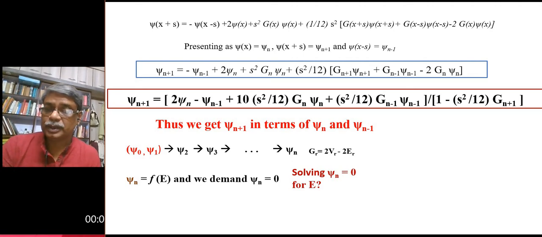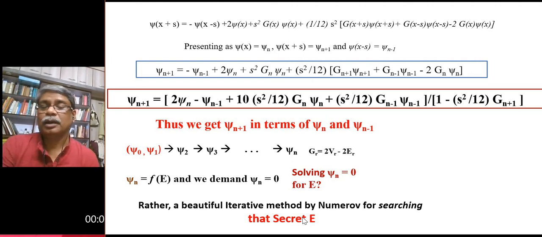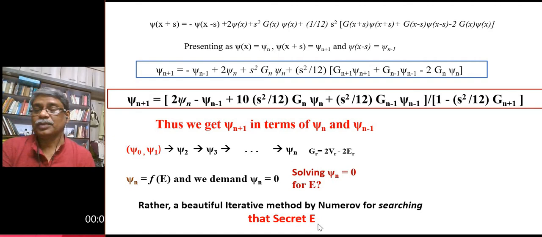But that's a direct method, and here we are not using the direct method. Rather, what Numerov did is a beautiful iterative method for searching the secret E. So E is some secret value, and we are searching for E by some beautiful iterative method.